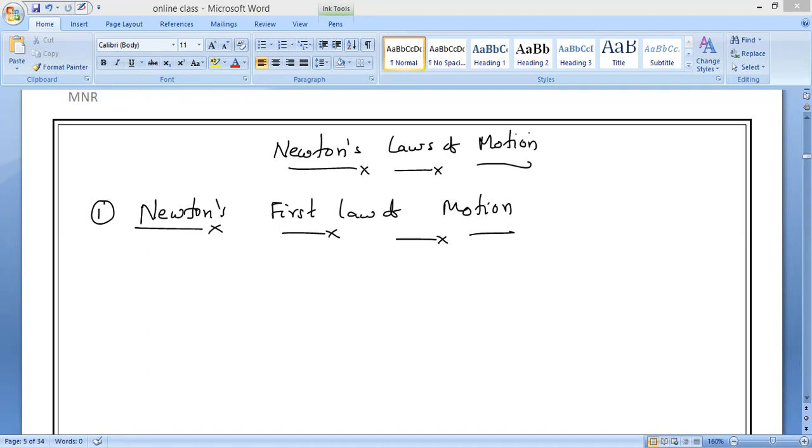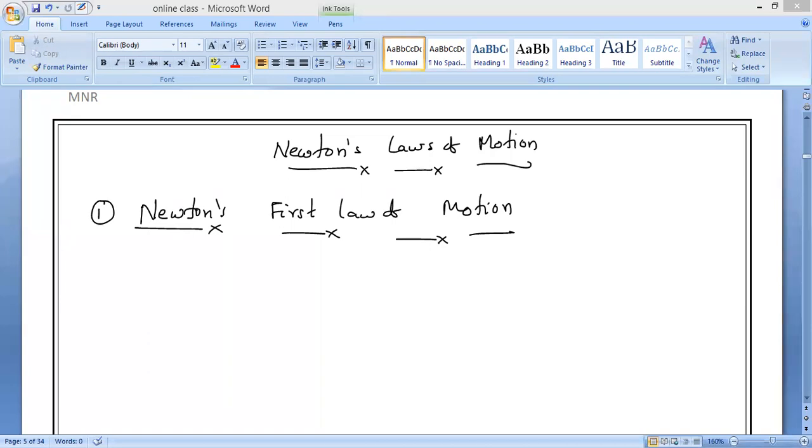Now you can see the same conclusion which we made from Galileo, Newton has taken and framed the same statement again. That is Newton's first law of motion. You all already know what Newton's first law of motion is. What is it? Anybody? Please respond.